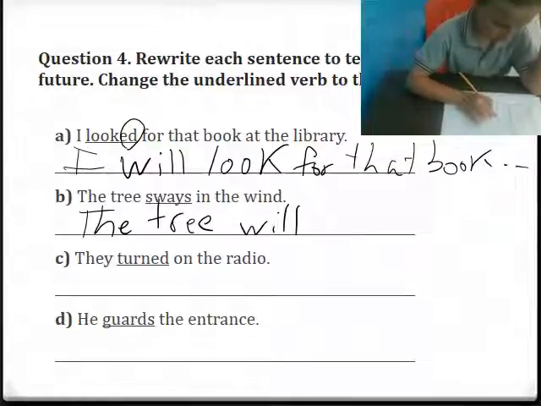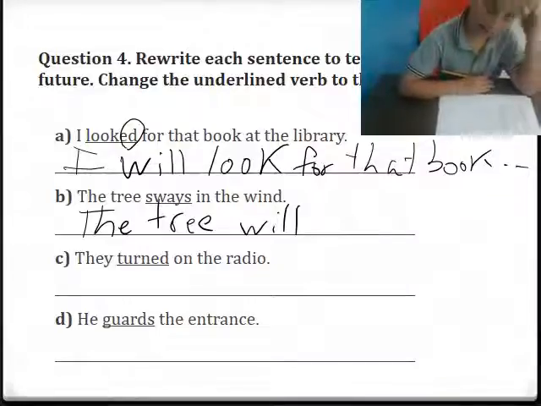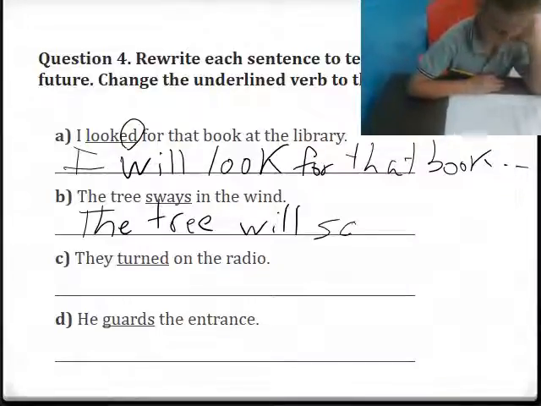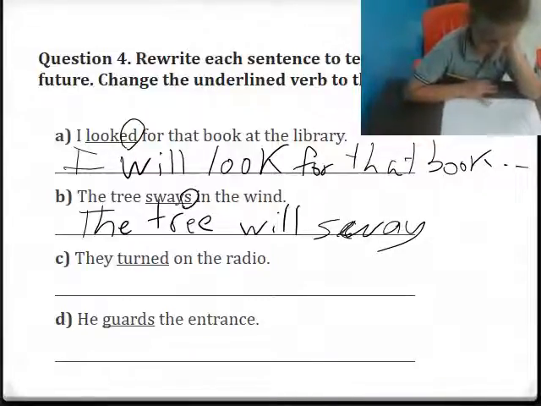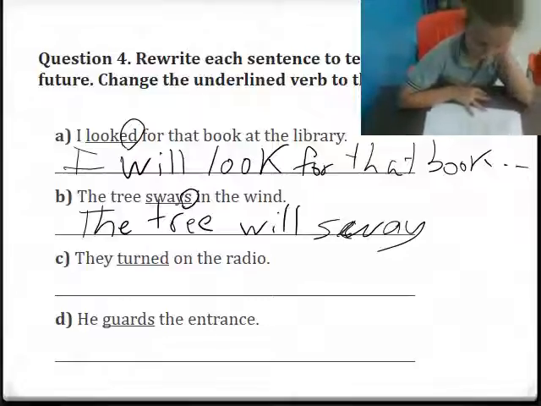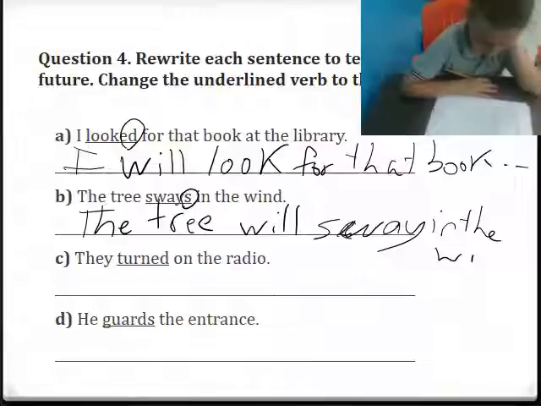Sway in the wind. Is it sway or sways? Sway. Okay? Because we do not change anything about the verb. Here the S was for the present tense verb. The tree will sway in the wind.